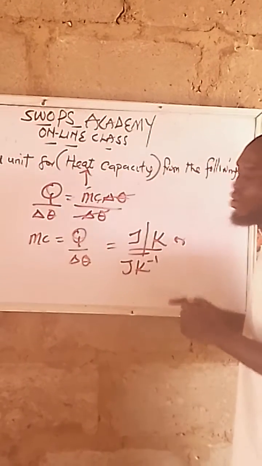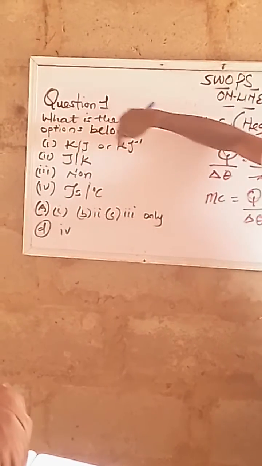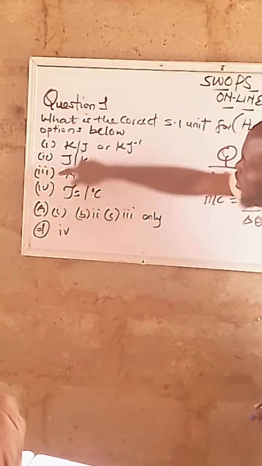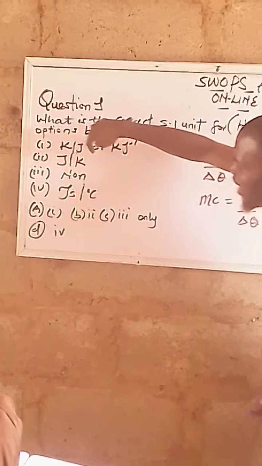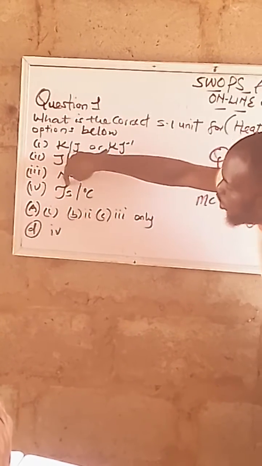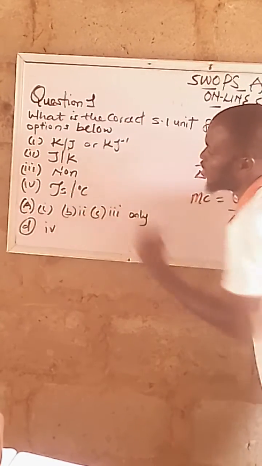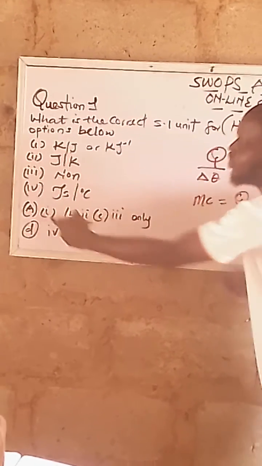Now let's see the correct option. Option 1 is Kelvin per Joule. Option 2 is Joule per Kelvin. Option 3 is none, and option 4 is Joule seconds per degree Celsius. Is it A, number 1?